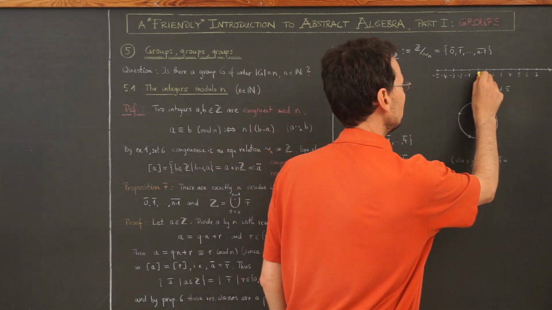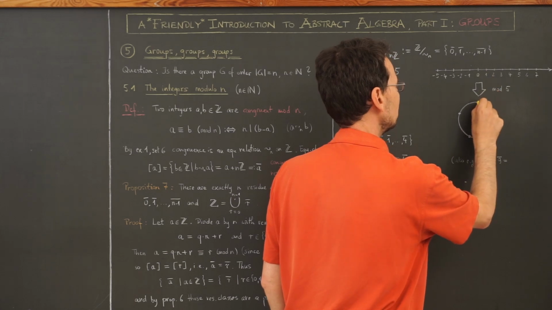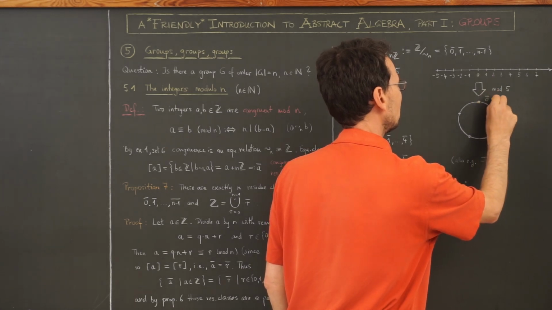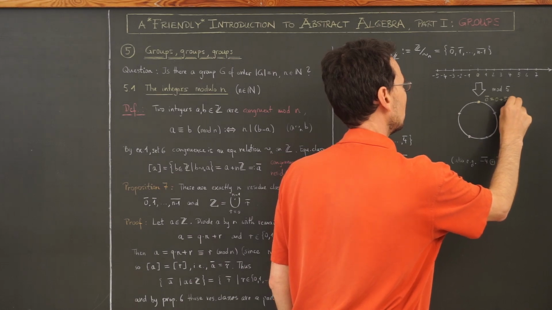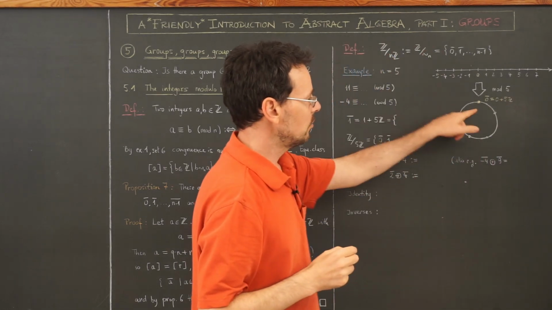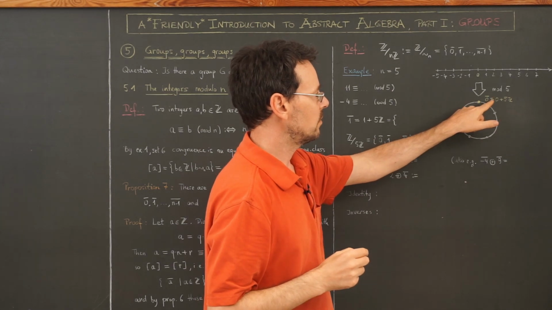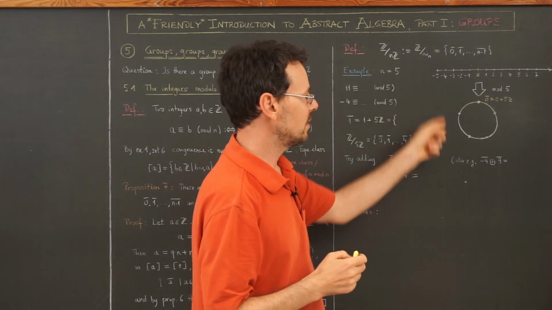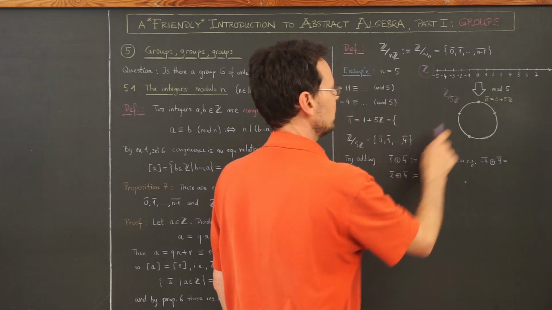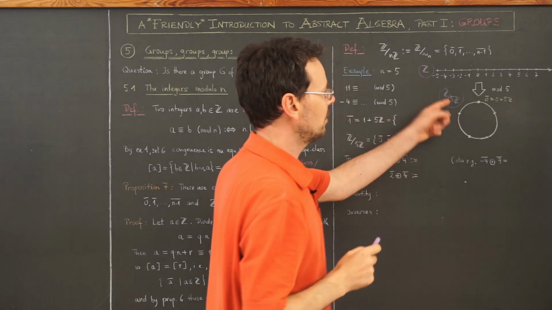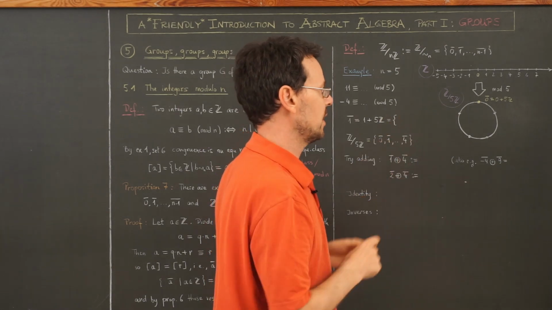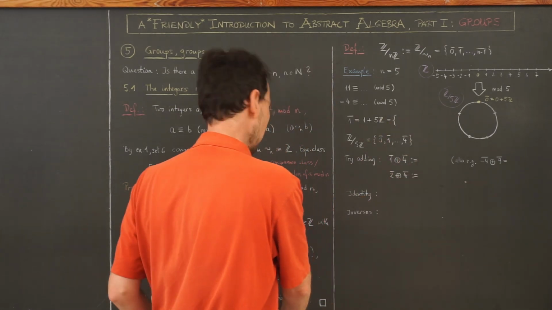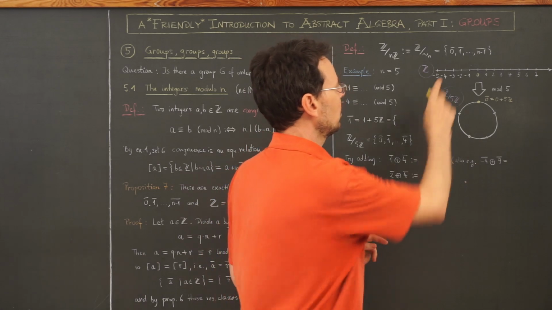So we take 0, and we take the residue class of 0 as one new element. This is our factor set. We start with the integers, and here we have the factor set Z mod 5Z, which can be visualized as this circle.